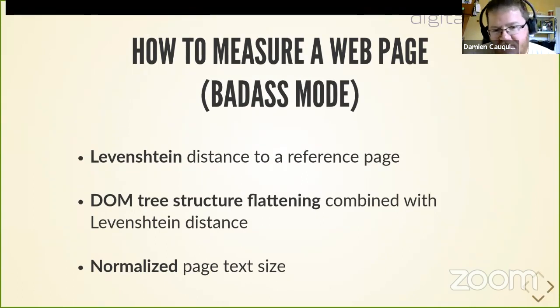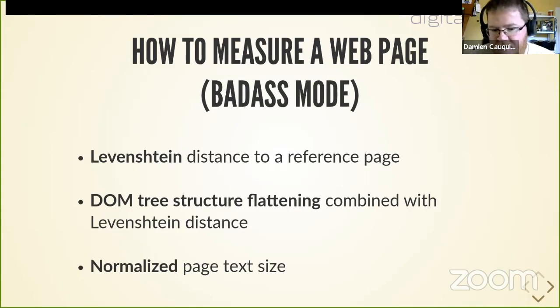If you want to do it in a badass mode, you can also get further mathematical values, such as the Levenshtein distance between the web page you have gathered and a reference page. This is basically a score computed based on the similarities between these two pages.